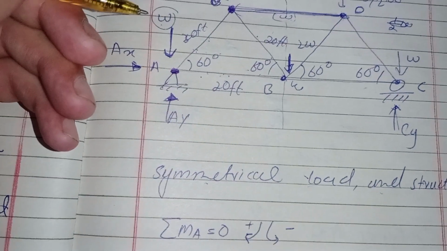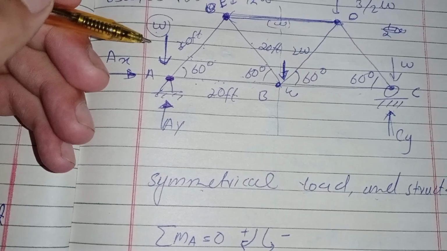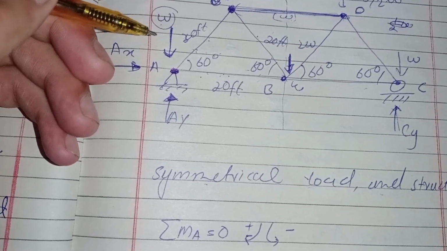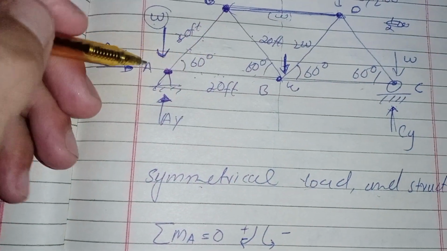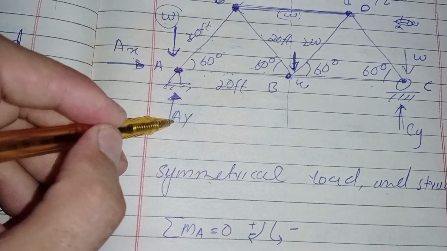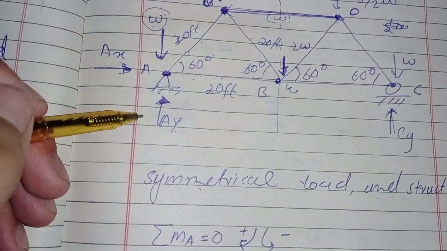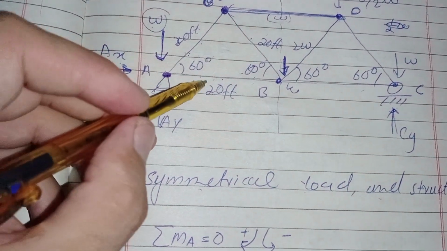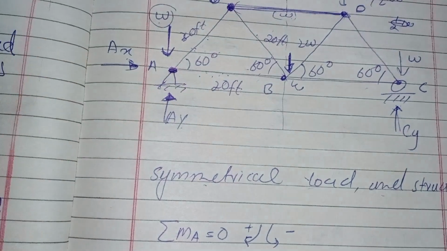That's why first of all we consider the three equations of equilibrium and isolate the whole truss to find the reaction forces AY, AX and CY. After that we will find the forces in members by the joint method.